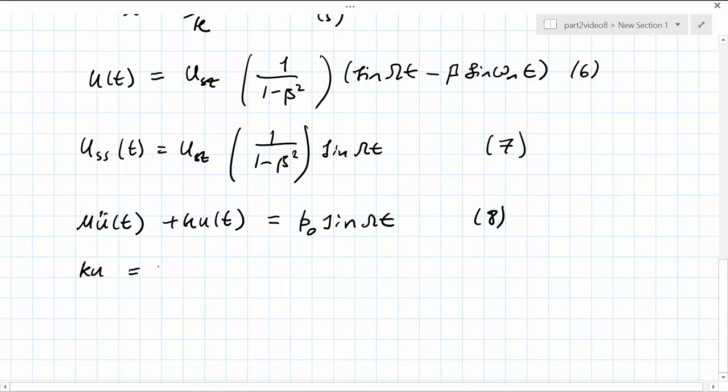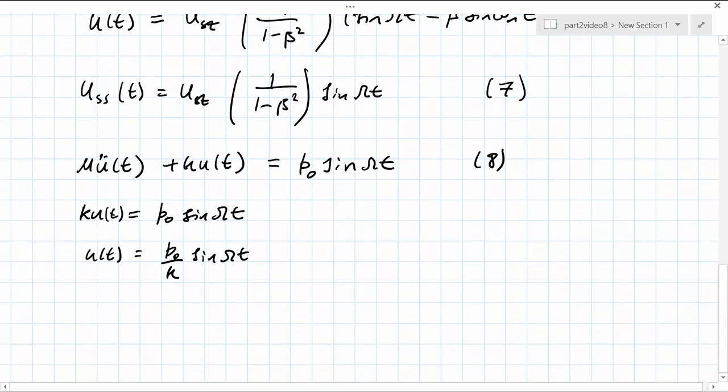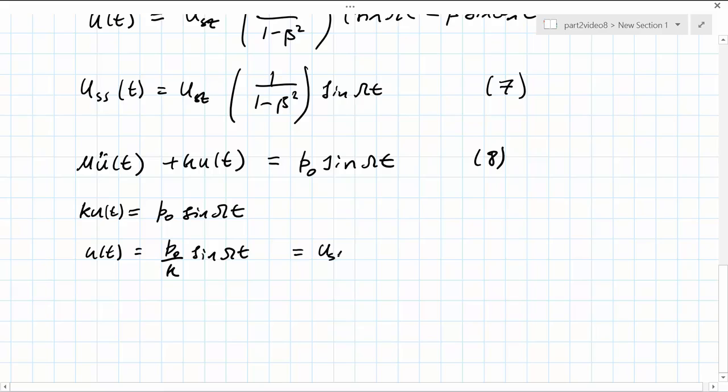then we can say that k u is equal to p naught sine omega t, and u(t) is equal to p naught over k times sine omega t, which is equal to u static times sine omega t.